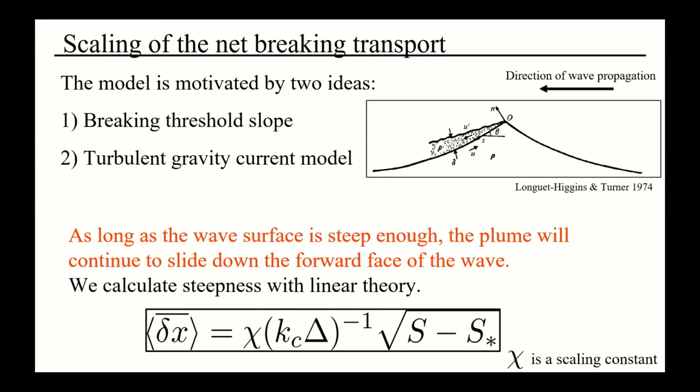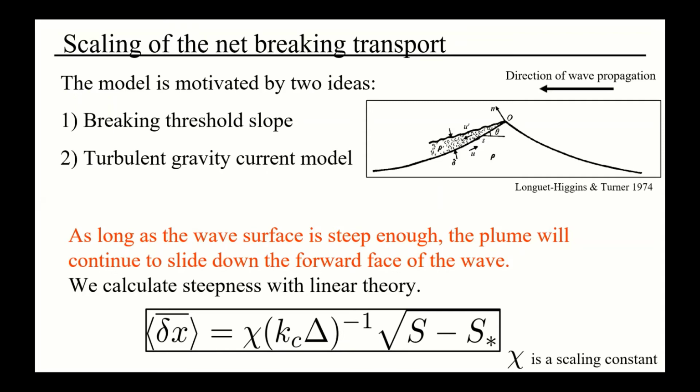Now, the slope of the free surface we approximate basically by linear theory, because it's determined by constructive interference of the Fourier components. Once that breaking threshold slope is exceeded, the wave starts to break, and it continues breaking basically until the wave packet has dispersed more, and that critical breaking threshold slope is no longer exceeded.